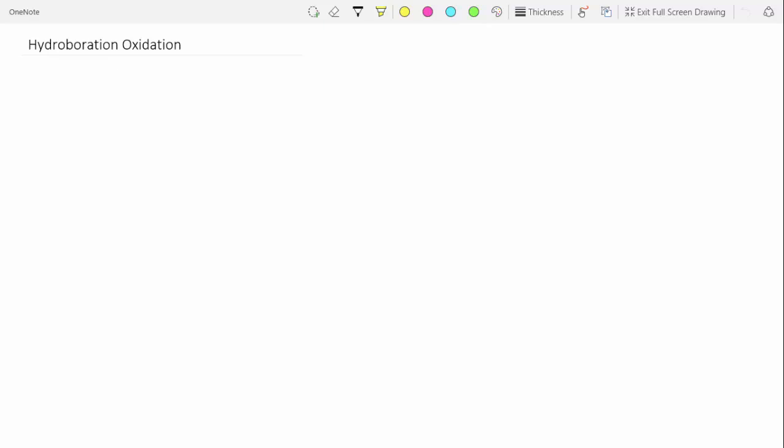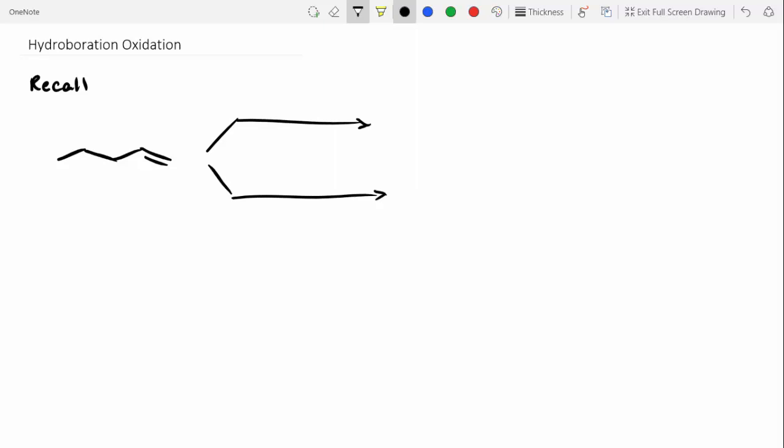Hydroboration oxidation's a kind of neat reaction. If you recall, we have now a couple different ways to form alcohols. But in both of these examples, it would result in an alcohol coming off of our more substituted side. What was the first way we could get an alcohol from this alkene?